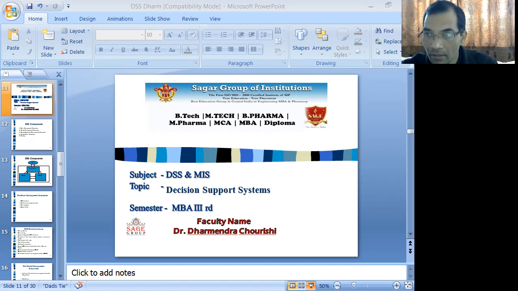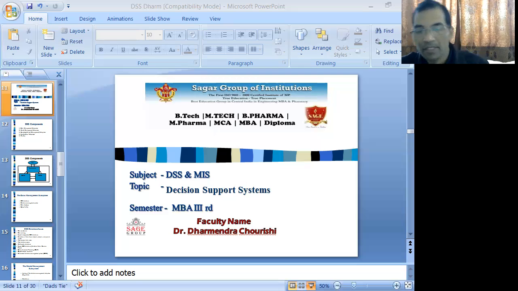Knowledge means capability of decision making. Intelligent system. Third one is on which environment you are working. For example, Windows is an interface, Unix is an interface, or operating system is an interface between software and hardware. So DSS provides you an interface of such system. And finally, user.